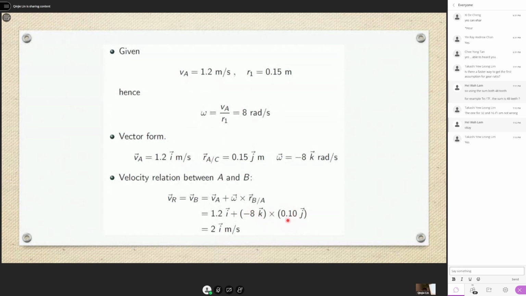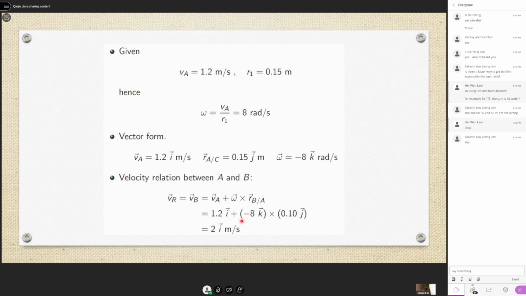You solve the one in the bracket first. Minus k cross 0.1 j. Again, using the right-hand rule. From the first direction, you curl your fingers towards the next axis. Wherever your thumb is pointing will tell you the resultant.